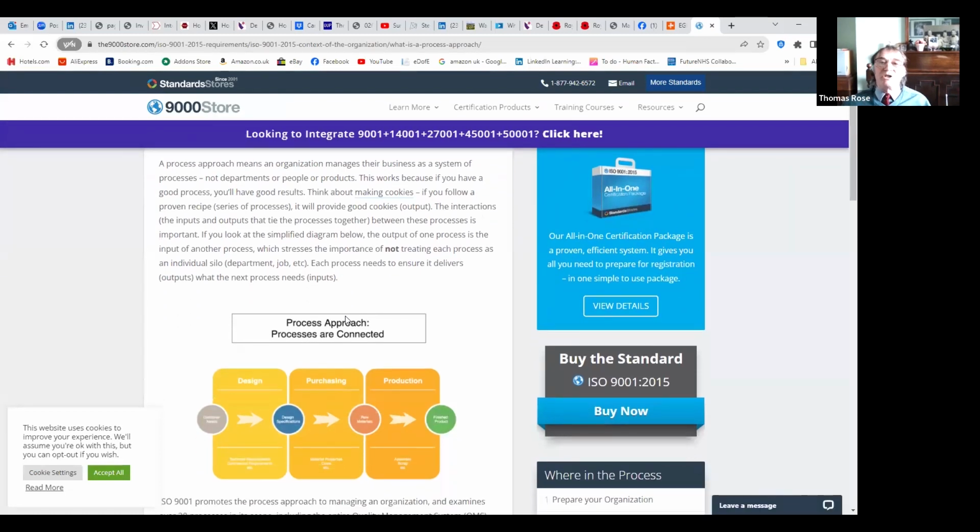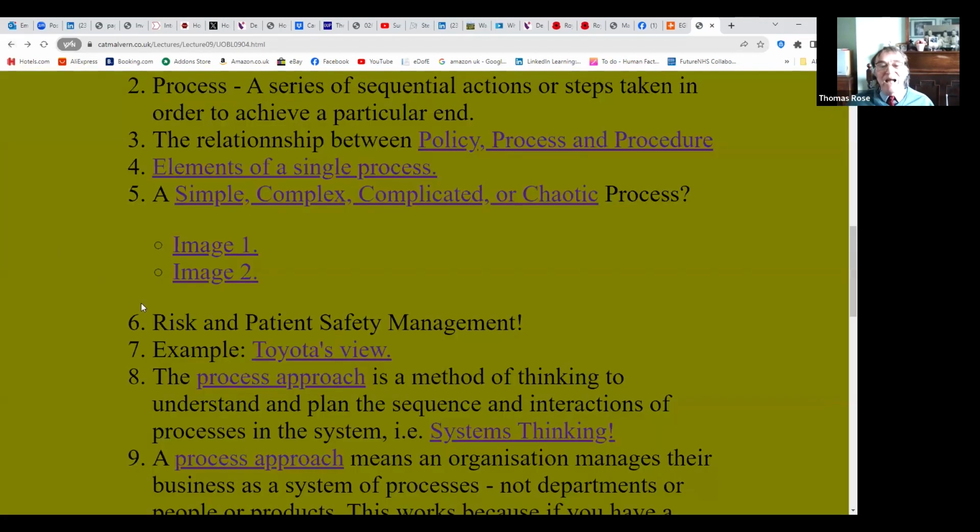The process approach is the same as systems thinking, where you've got a whole series of processes in a system, but the output of one process is the input of the next process. So you've really got to be sure that each process delivers the right quality of output in order to have the right quality of deliverable for the patient.